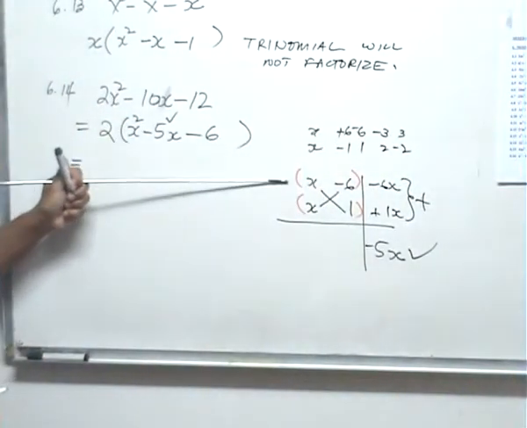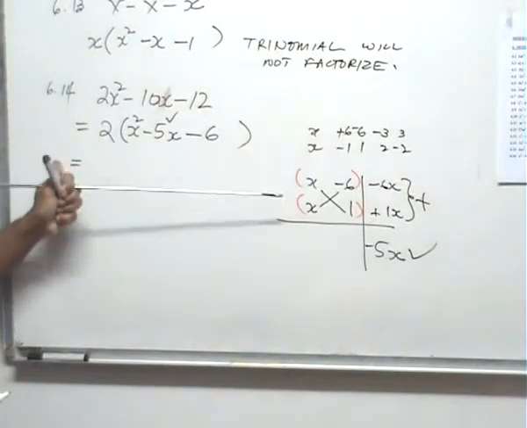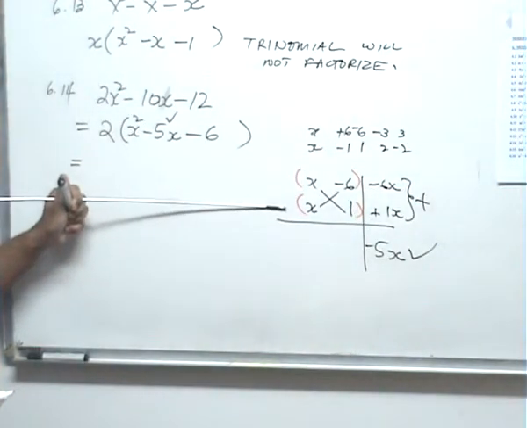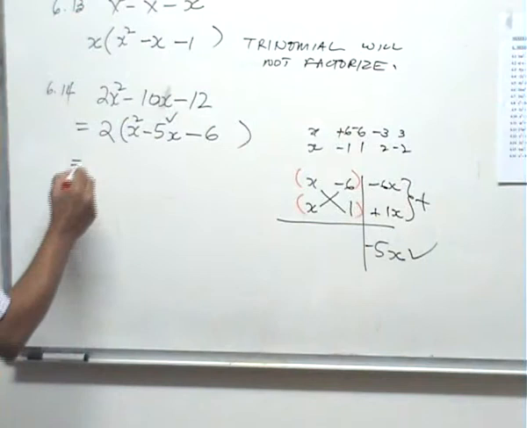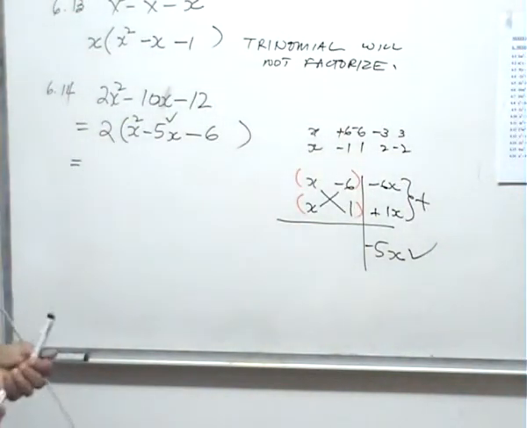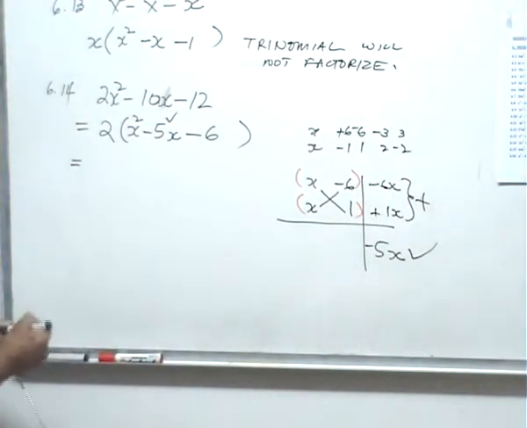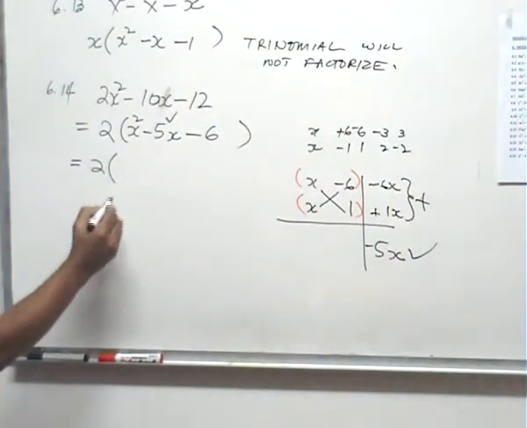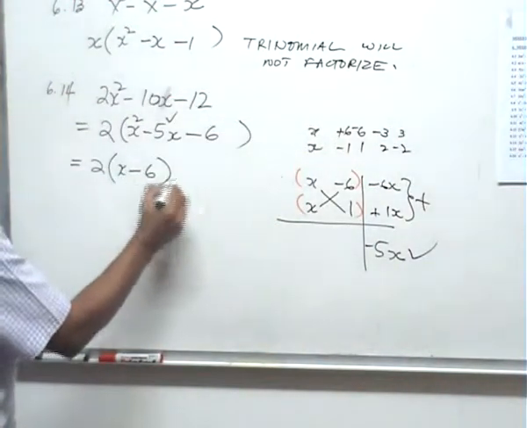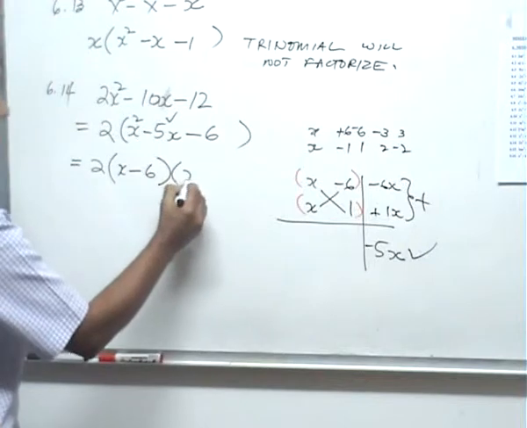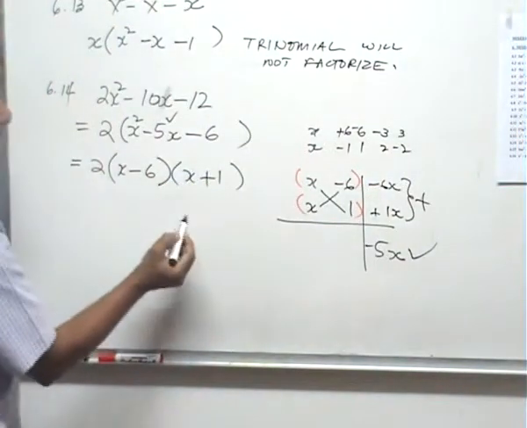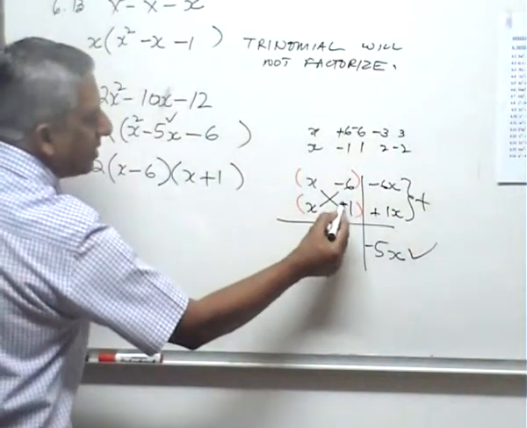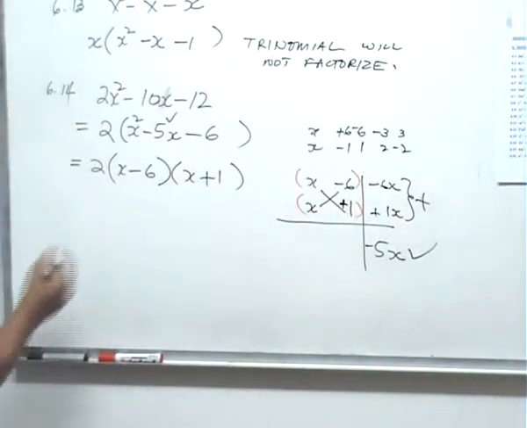Or we can say that that horizontal row goes in one bracket, this horizontal row goes in another bracket. So there's your 2, and the top one goes in one bracket, and the bottom x plus 1 goes in another bracket. Remember the plus is understood. So there's your final answer for 6.14.